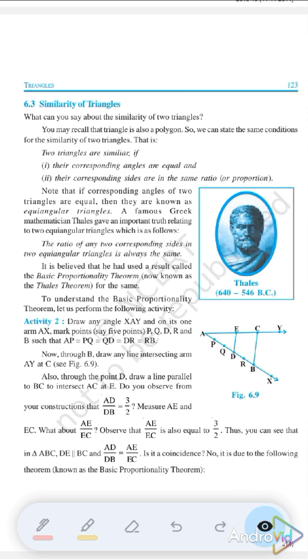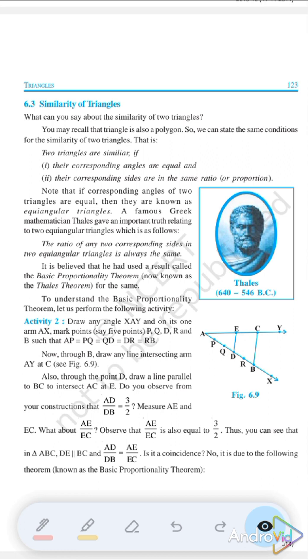So the next topic in this chapter is similarity of triangles. Till now we have defined what is congruency of triangles and similarity of triangles. Till now you would have got an idea of what we mean by similarity of triangles. We can also recall that a triangle is also a polygon.